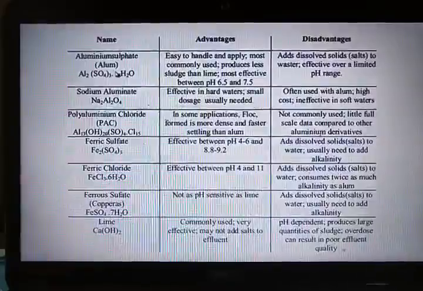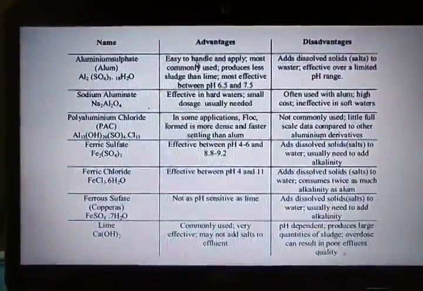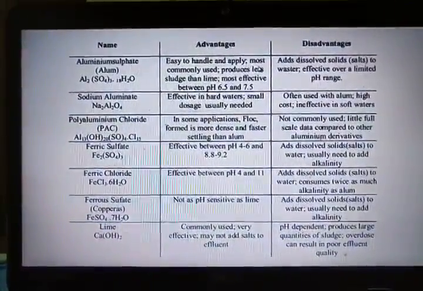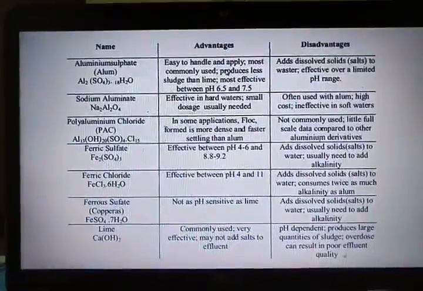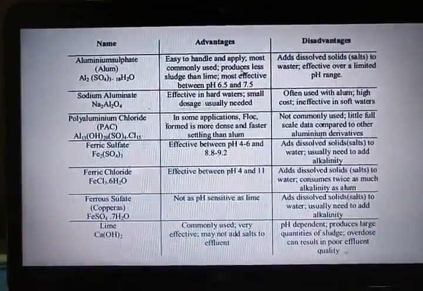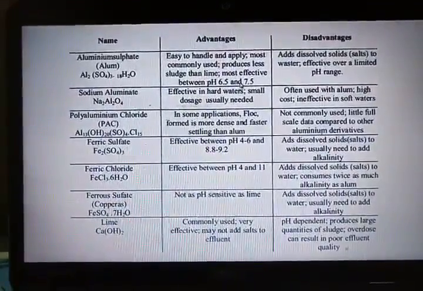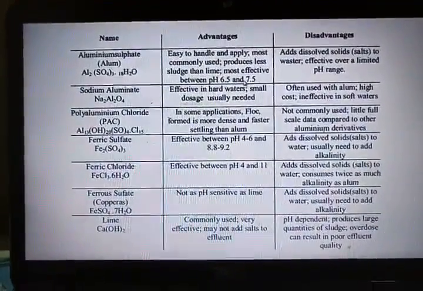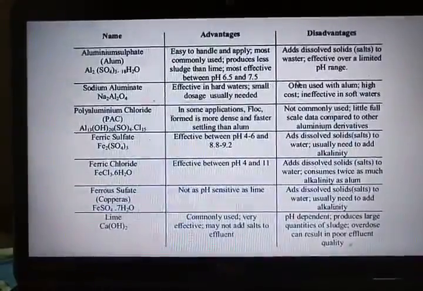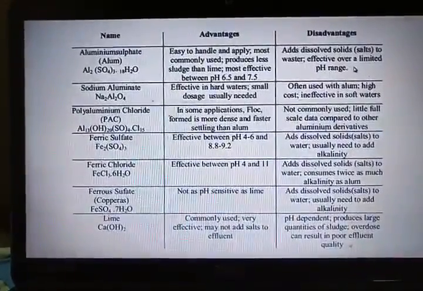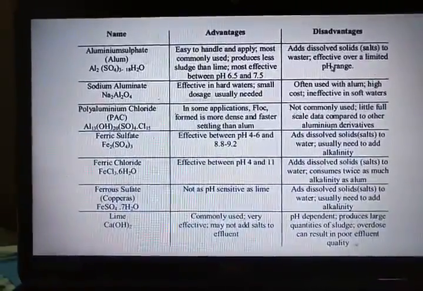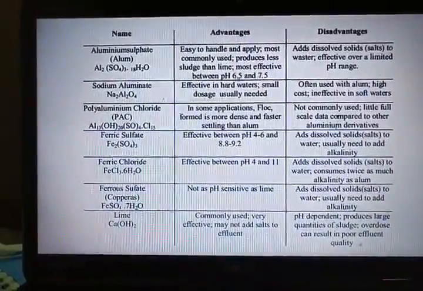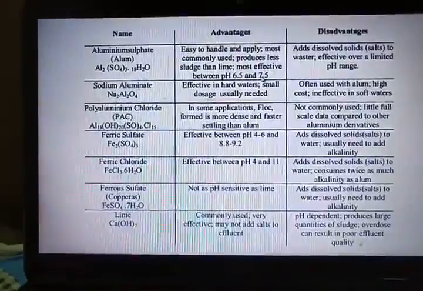The first one is aluminum sulfate. It is easy to handle and apply because it readily dissolves in water, and it is most commonly used. It produces less sludge than lime, and it is most effective between pH 6.5 to 8.5. The disadvantage is that it is effective only in a limited pH range of 6.5 to 7.5.